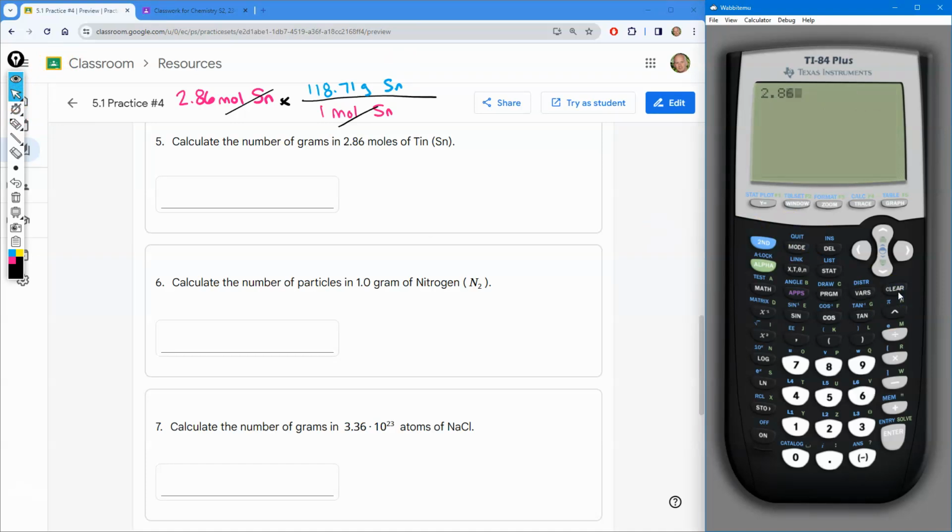Okay, so let's put this in our calculator. So 2.86 times 118.71, and again, we're multiplying because it is in the numerator. Any number over 1 is the same as that number. So we get 339.51, and this 2.86 is 3 sig figs.